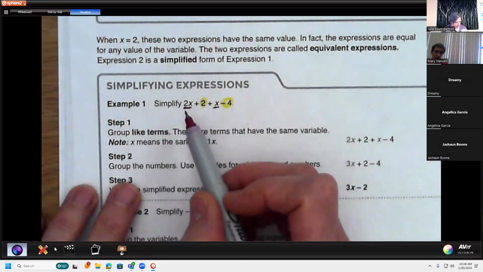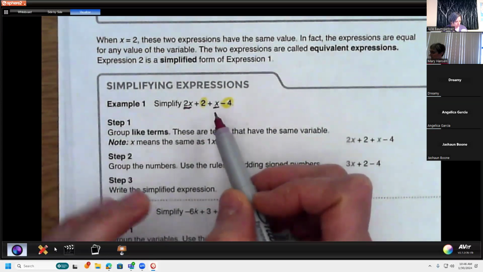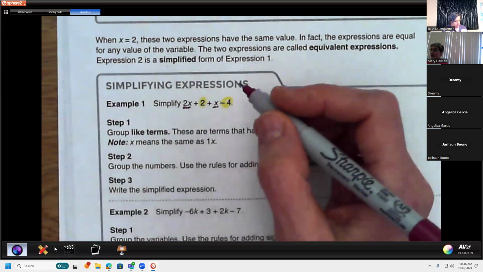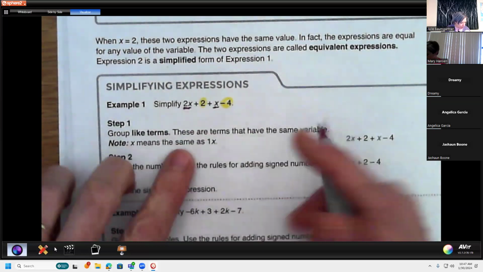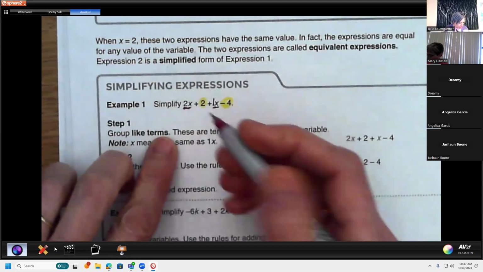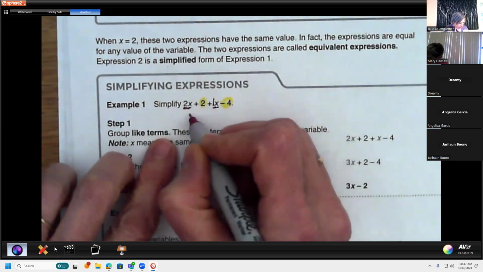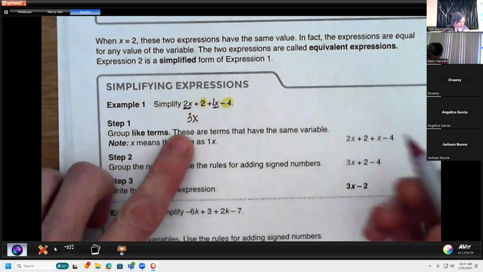So if I have 2 hamburgers and another hamburger, remember just an x by itself is understood. If I say I want a hamburger, you know that I mean 1. And if I have just an x, that means there's just 1 x, 1 hamburger and 2 hamburgers. These 2 together make 3 x's or 3 hamburgers.